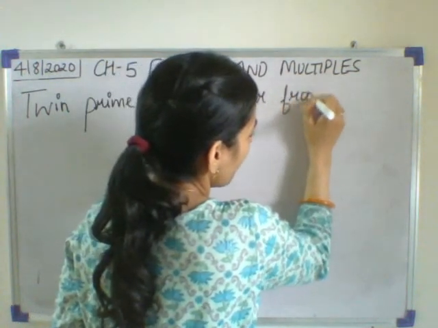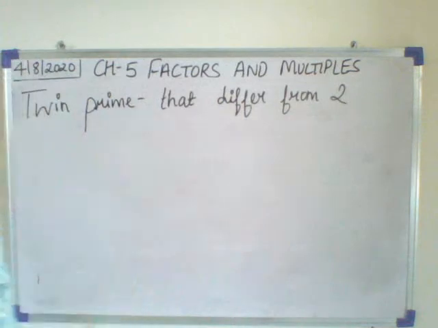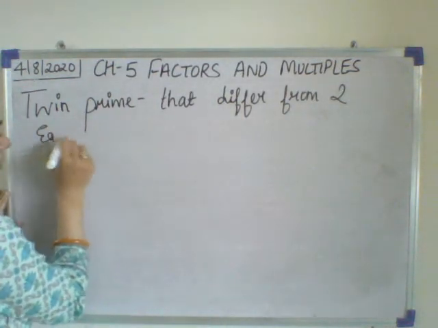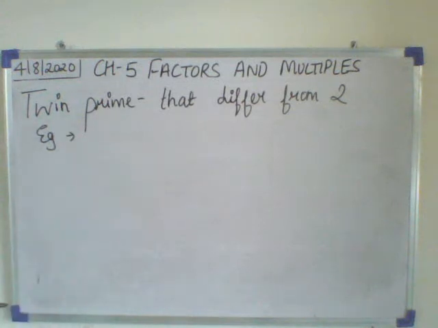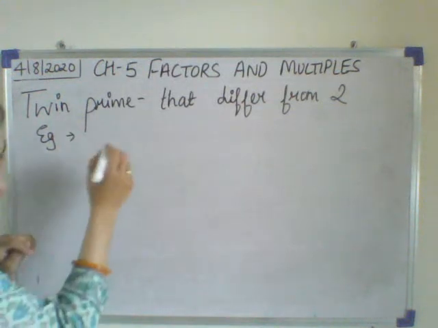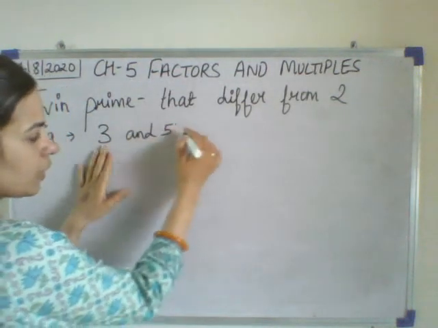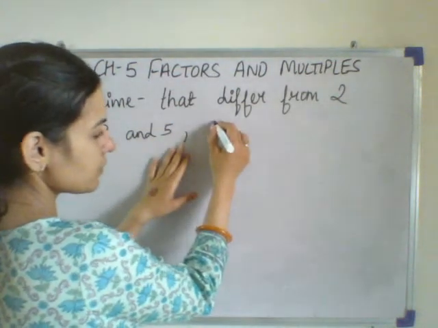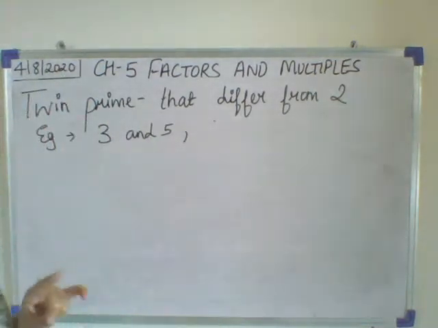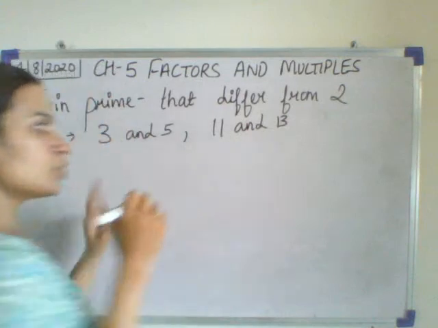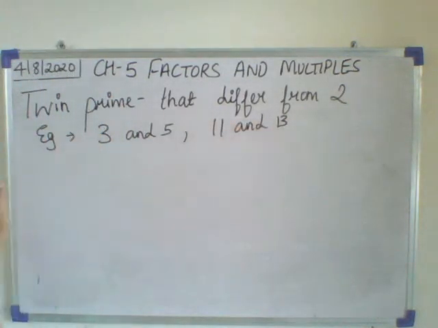For example, 3 and 5 differ by 2. Another example, 11 and 13. These also differ by 2, so they are twin primes.